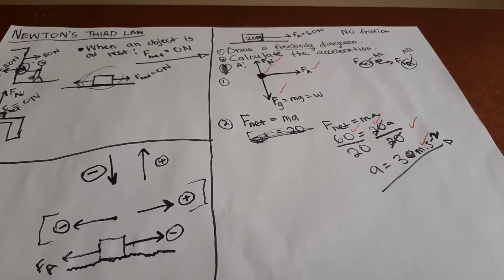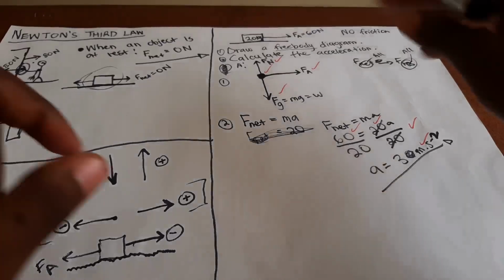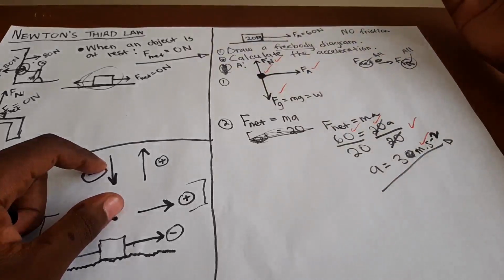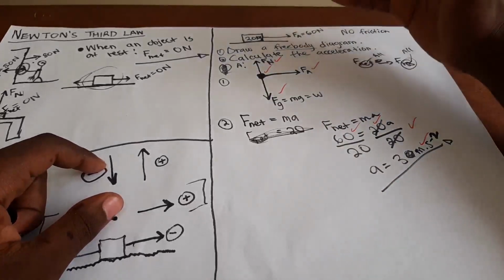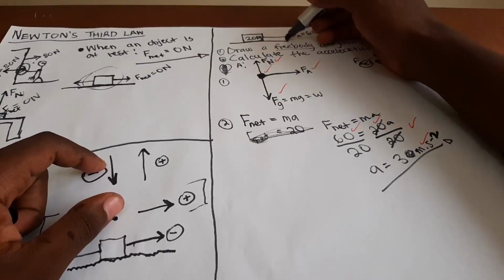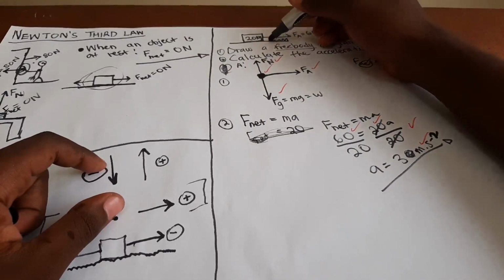So let's say now this surface has a friction. If now it has a friction, let's say there's nothing else that we change, we just say there's a friction here.